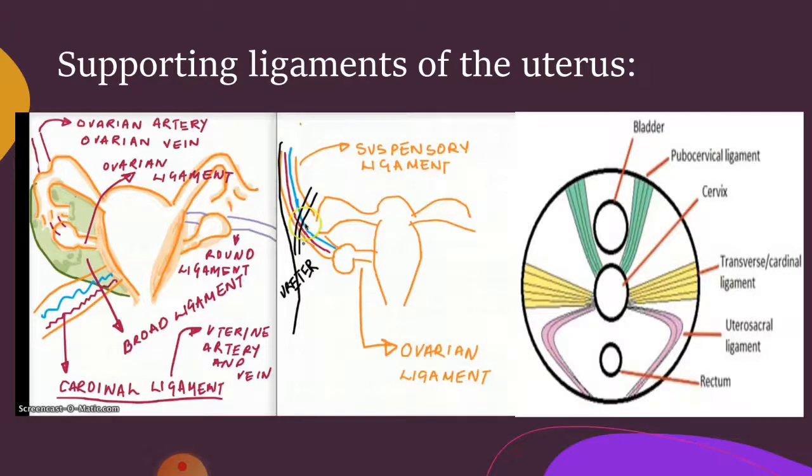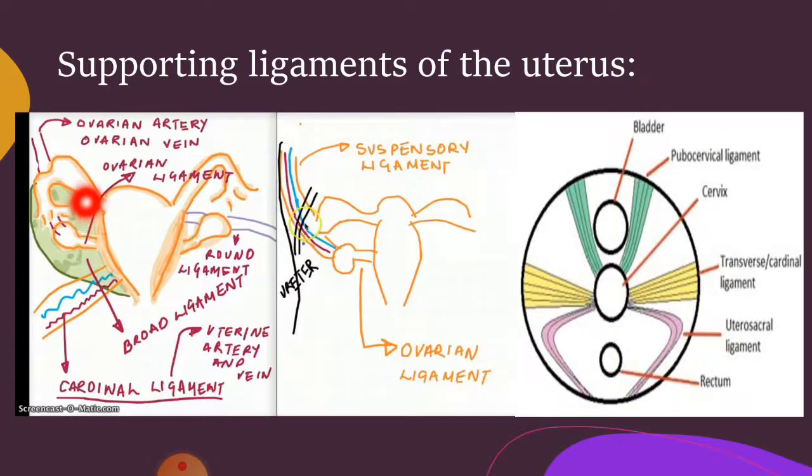So once again, they are draping over the uterine tubes, and at their lateral ends they are attached to the pelvis or the pelvic cavity.